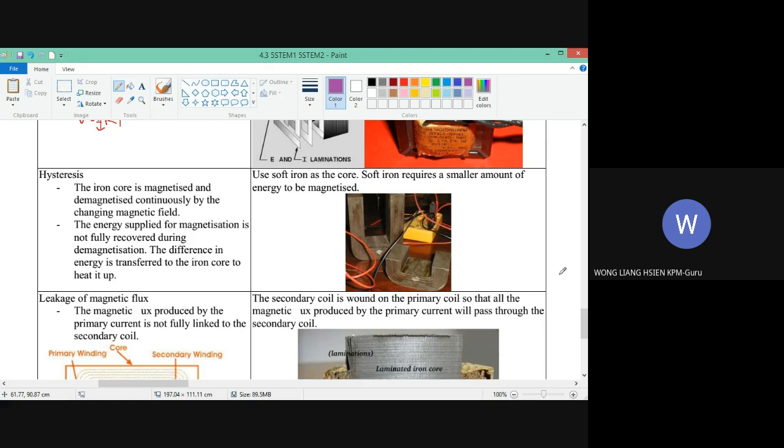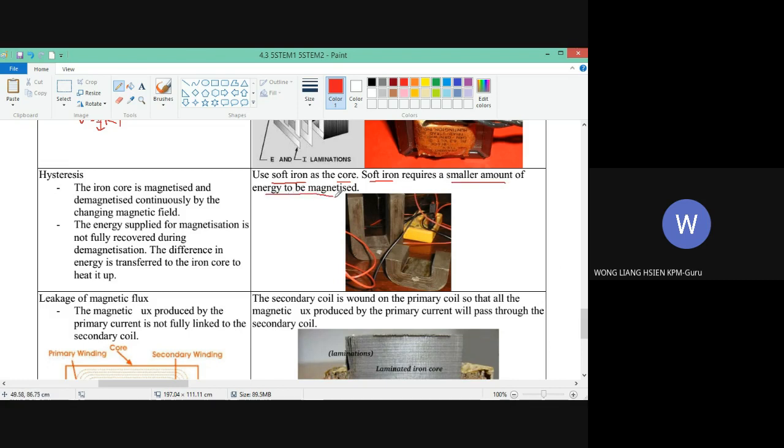We use a material that is easier to magnetize and demagnetize. So we choose soft iron as the core of the transformer. Why? Because soft iron requires a smaller amount of energy to be magnetized.